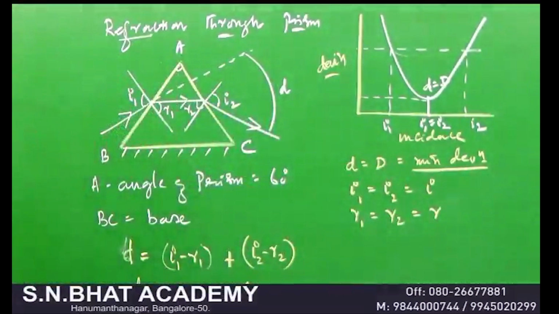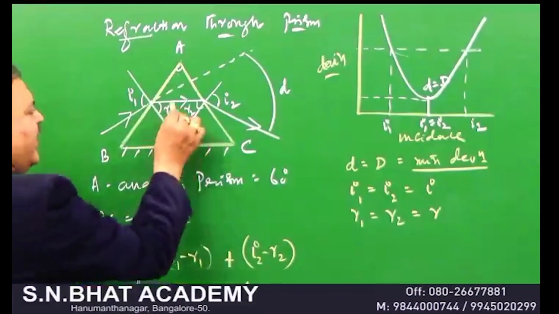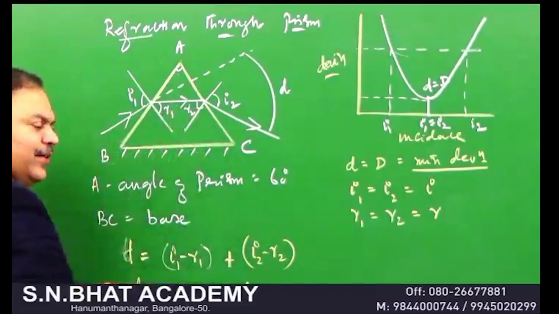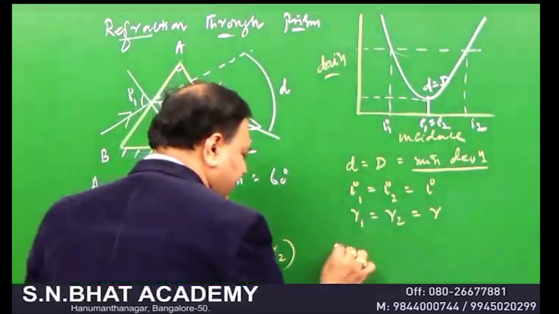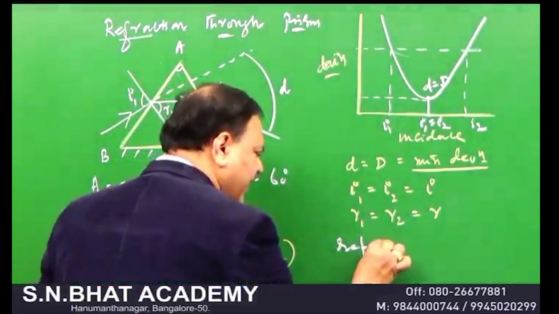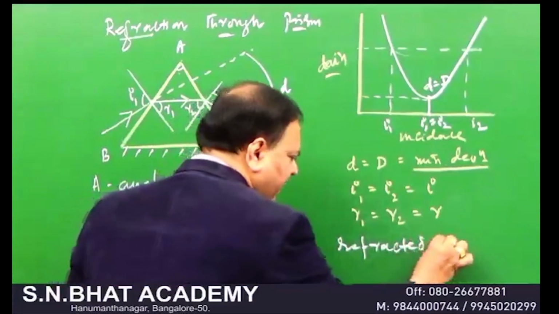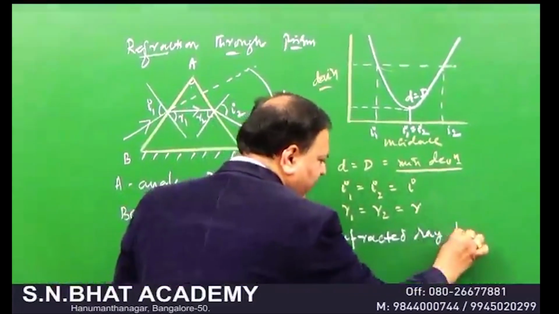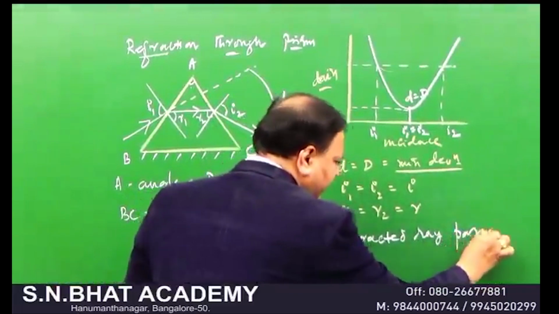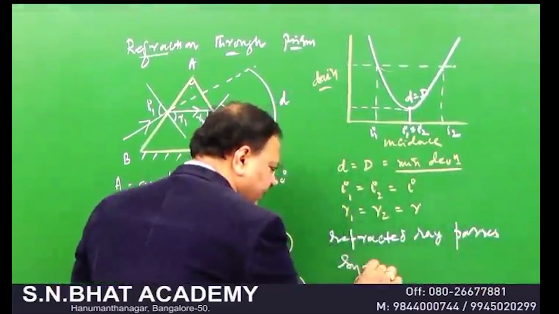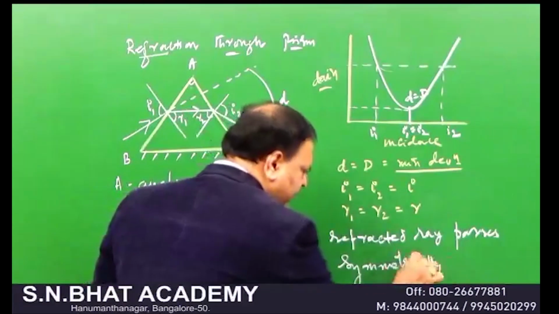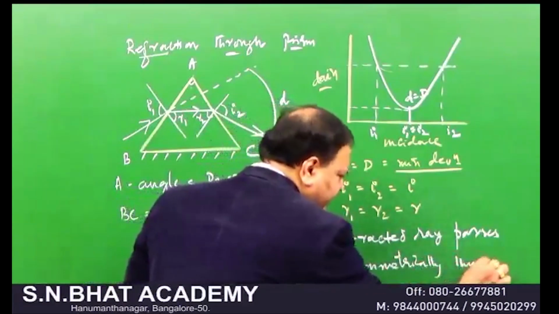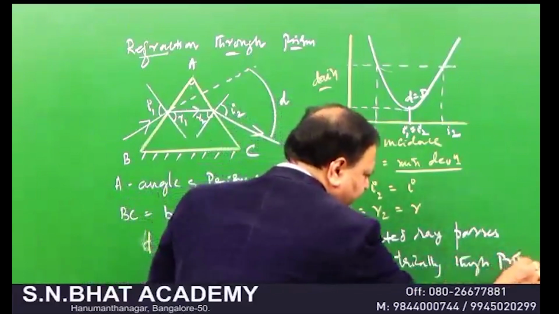And you know another meaning of this? Under this condition, the refracted ray passes parallel to the base of the prism. That is what we say in the minimum deviation condition: the refracted ray passes symmetrically through the prism. What does passing symmetrically through the prism mean?